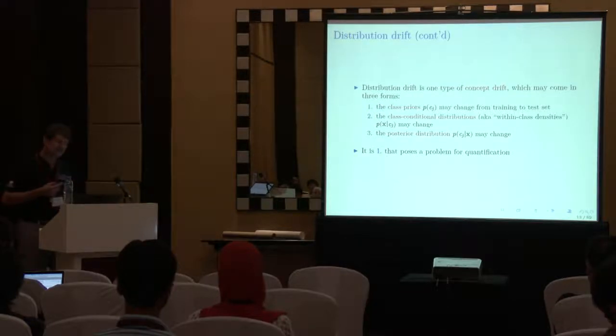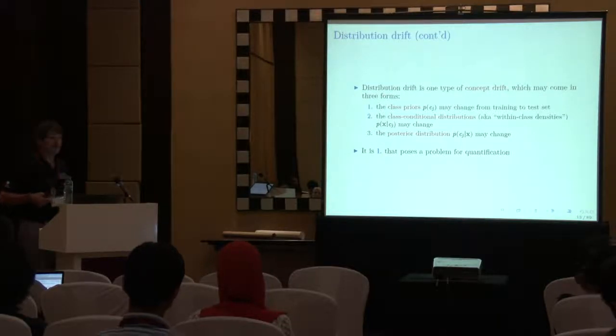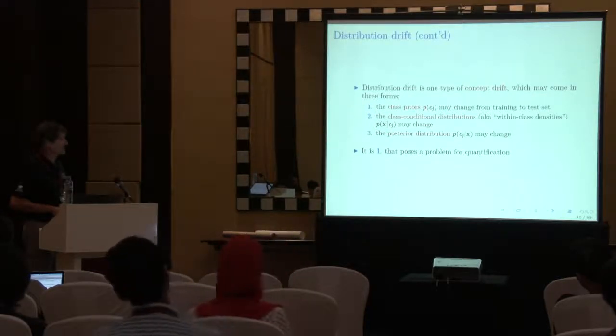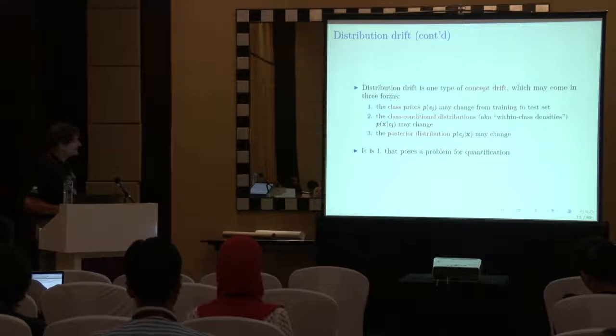As I said, distribution drift is one type of concept drift. Machine learning people tend to distinguish concept drift into 3 different types, 3 different cases. One case is the case in which the class priors, the class prevalence, may change. And this is the one we are interested in. The second one is when the class conditional probabilities change, so the probability of document or item X given class Cj.